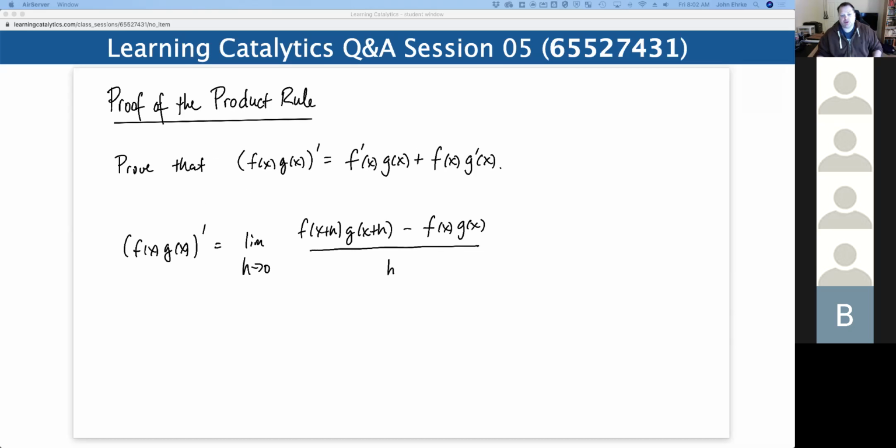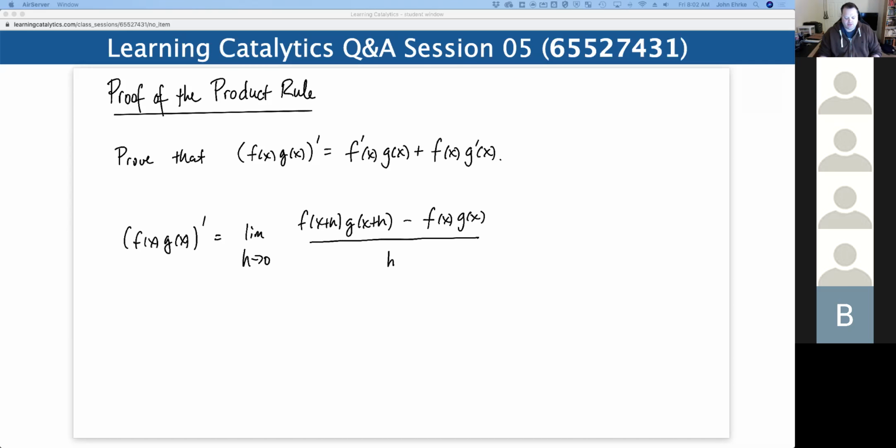And the problem with this particular limit is I have no idea algebraically how to simplify it. So we're going to have to do something a little bit more creative.